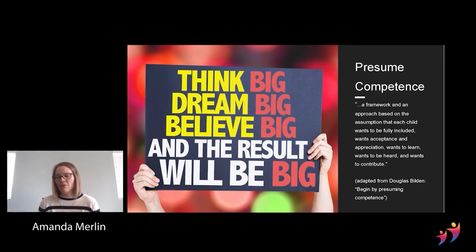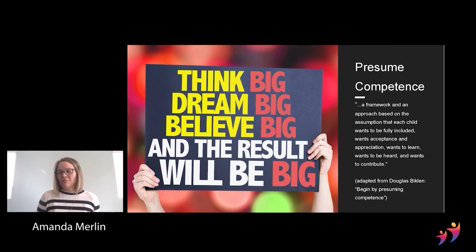So if we don't have that belief that our complex communicators, our multimodal communicators, are simply locked inside and they haven't had a chance to show us what they know, then I don't really know what we're doing.